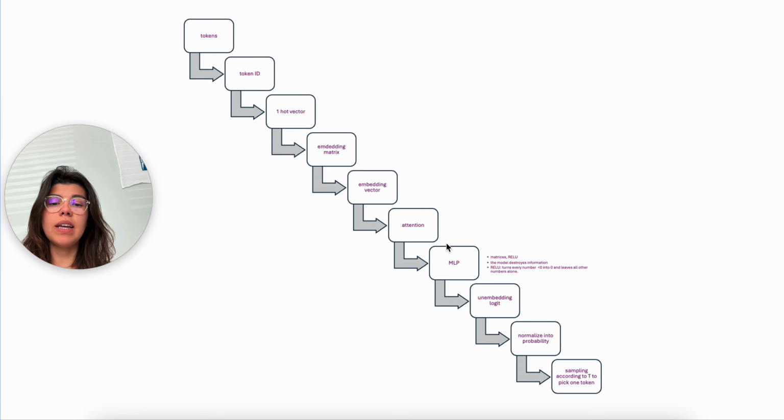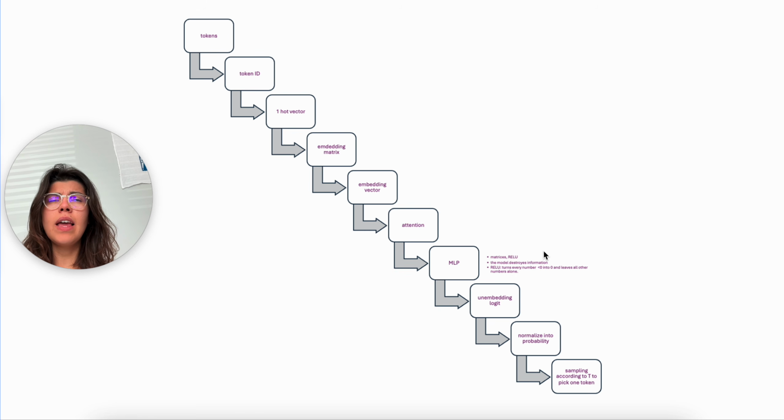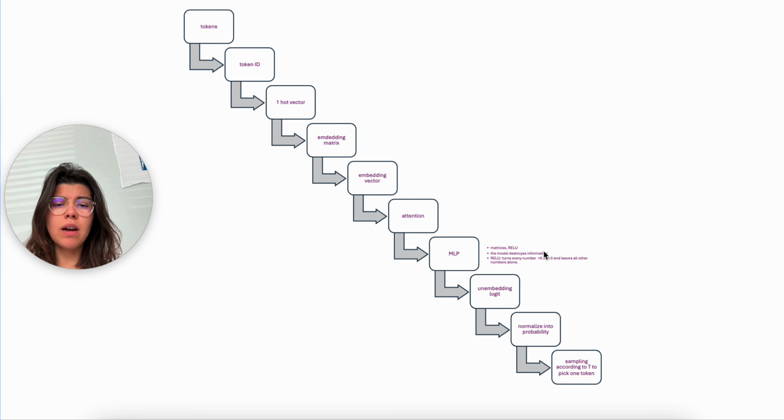So we're here at the attention mechanism, and then we get to this layer. All these are different layers of the transformer architecture. This is the MLP layer, where some more linear math terminology comes up, a ReLU function, and the model destroys some information that it doesn't need, exactly so that it can predict the more likely information coming up.